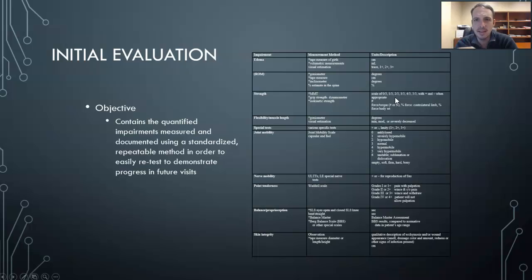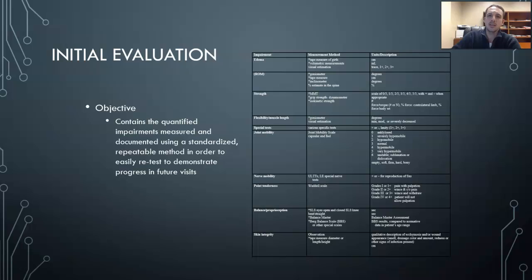And I will give you a hint, it's not the same as 40%. If you're using a 2 out of 5, most of the time that is derived from Kendall, who originally described it, and 2 out of 5 is the ability to move the joint through full range of motion without being against gravity. So assisted in some way.